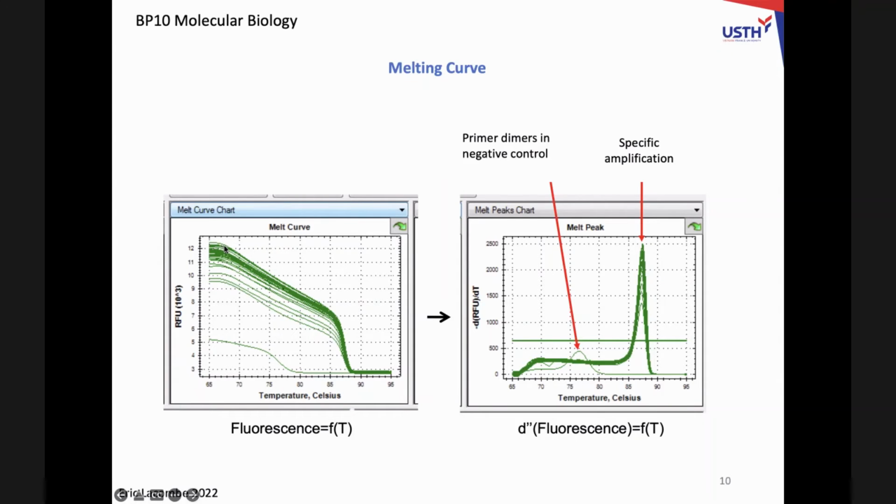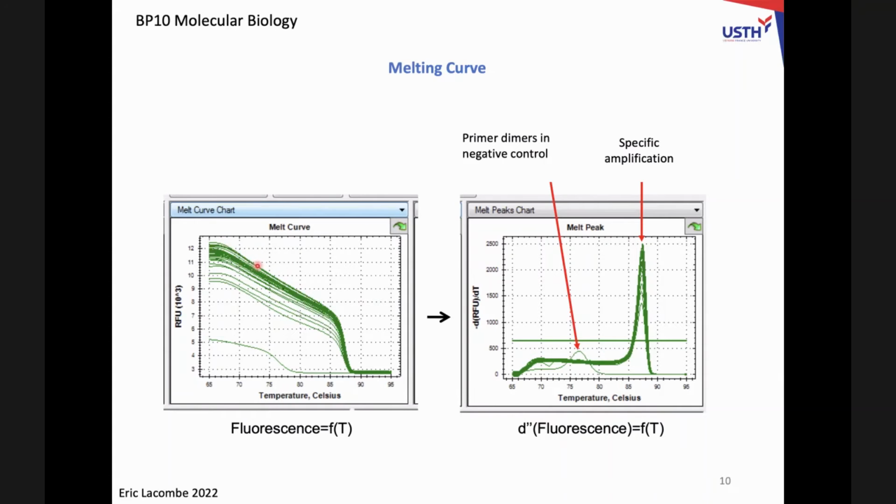If we increase the temperature, the DNA starts to dehybridize. There is the two-strand separation because of the increase of the temperature. The more you heat, the more you denature DNA, and when you denature DNA, the CyberGreen molecules go away and the fluorescence decreases.